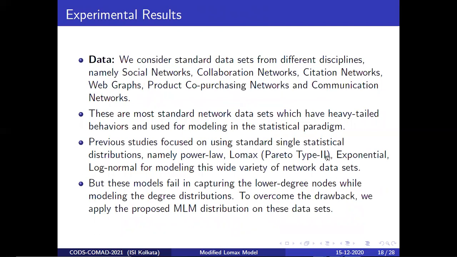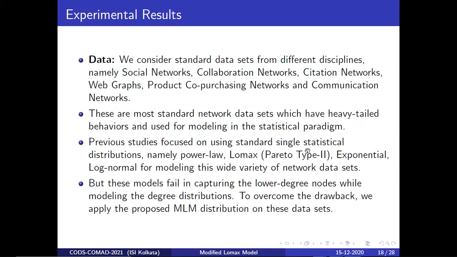Now, we have shown the application of the theoretical results and the developed model for several datasets collected from different internet sources. We consider standard datasets from different disciplines, namely social networks, collaboration networks, citation networks, web graphs, communication networks, and co-purchasing networks. These are the most standard datasets used for fitting the behavior of real-world complex networks.